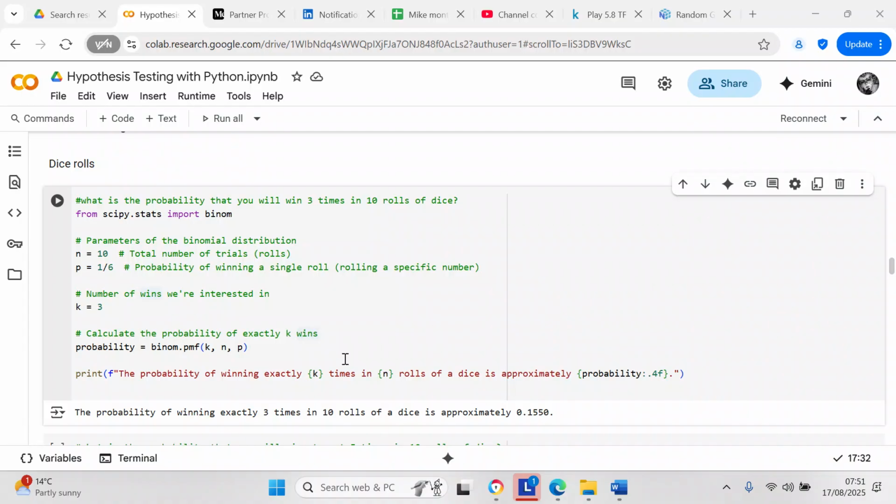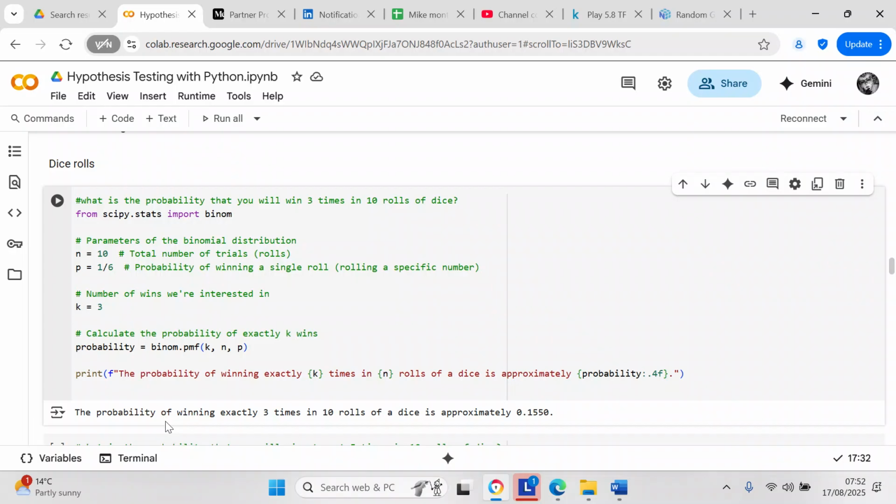So we're going to calculate the probability of exactly 3 wins. The probability is binom, that's your binomial distribution, .pmf, that's probability mass function, brackets k equals 3, comma, n equals 10, comma, p equals 1 divided by 6.